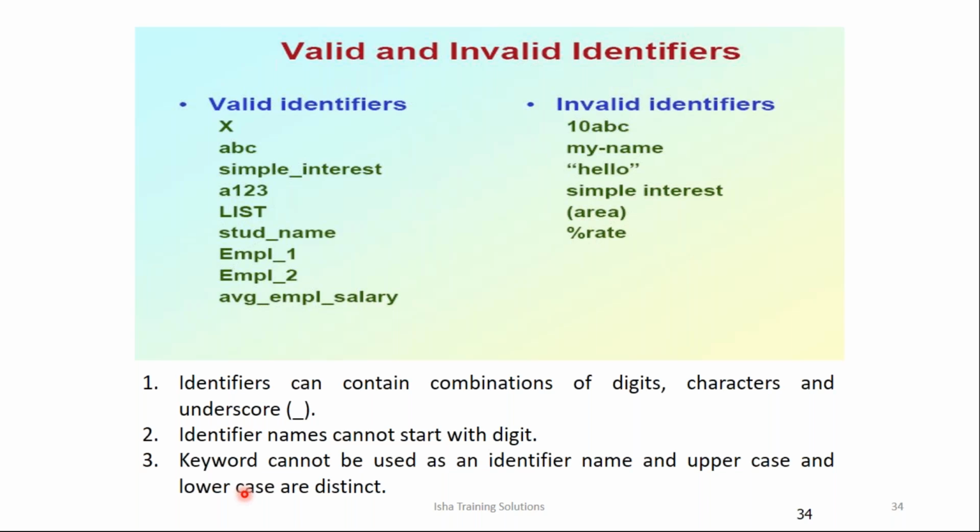So we have these three kinds of rules when we are declaring a variable in C. I will explain these 3 points again and we will stop the session. An identifier can contain a combination of digits, characters, and underscore values. An identifier name cannot start with a digit. And third, a keyword cannot be used as an identifier name, and uppercase and lowercase are distinct.